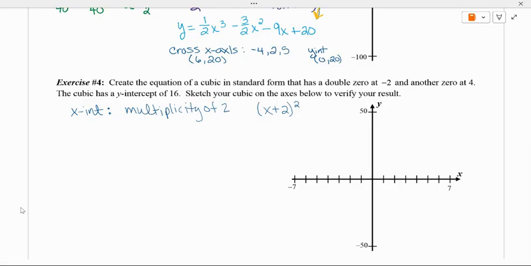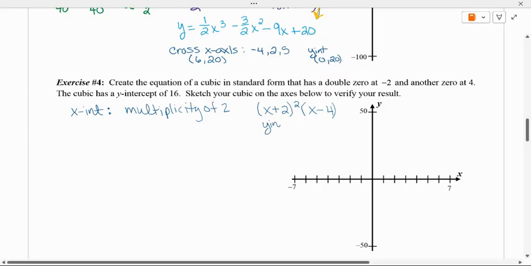And if the other zero is at 4, what's that factor? Well, if the other root is at +4, the factor is x minus 4. We also know that it has a y-intercept of 16.